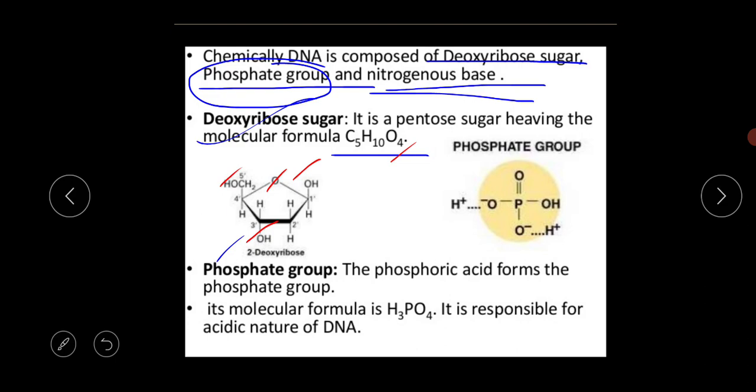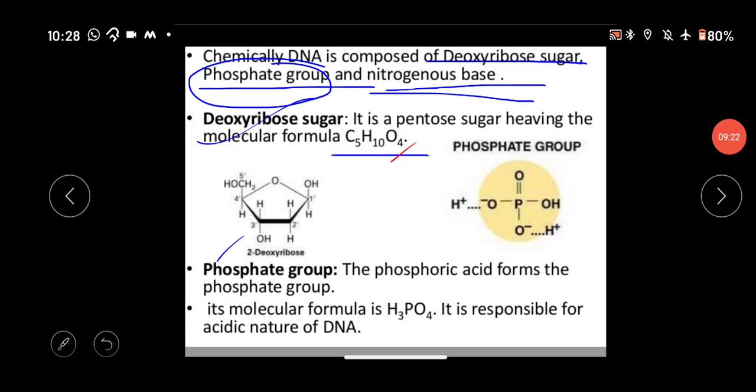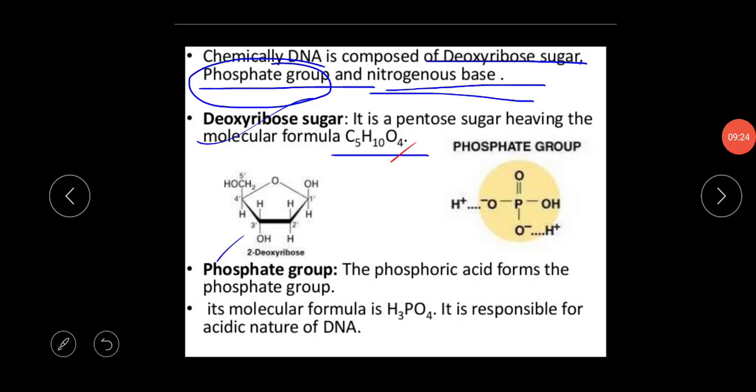So the molecular formula of deoxyribose sugar is C5H10O4, and it's a pentose sugar. What is the meaning of pentose sugar?